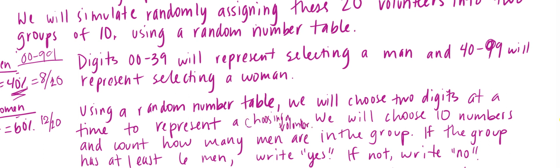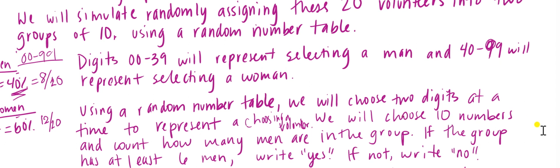We will choose 10 numbers and count how many men are in the group. If the group has at least 6 men, then we will write yes, and if not, we will write no. So one more time to clarify: using a random number table, we pick digits 2 at a time to represent choosing volunteers.